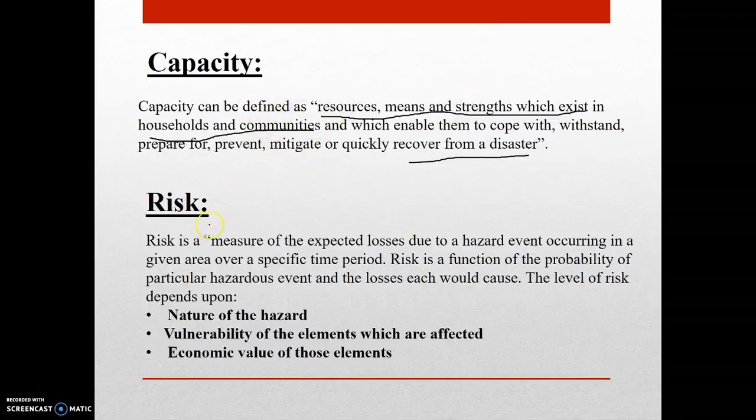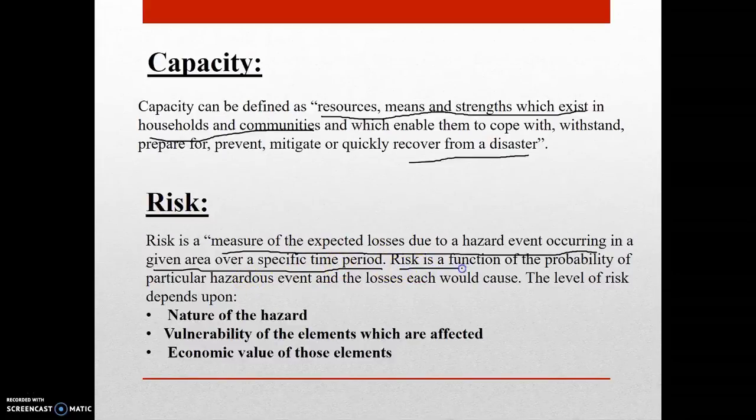Next, risk. Risk is a measure of the expected loss due to a hazard event occurring in a given area over a specified time period. So risk means expected loss.